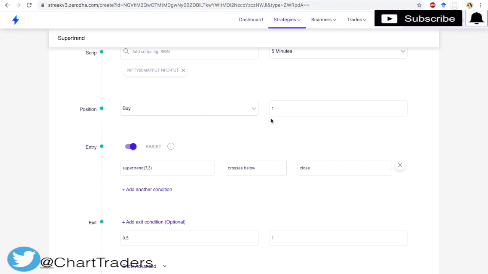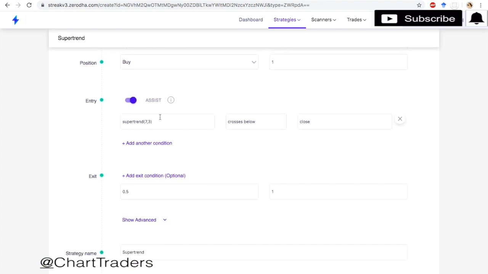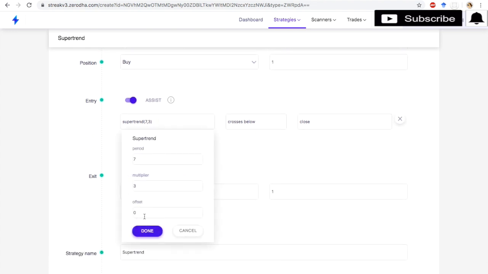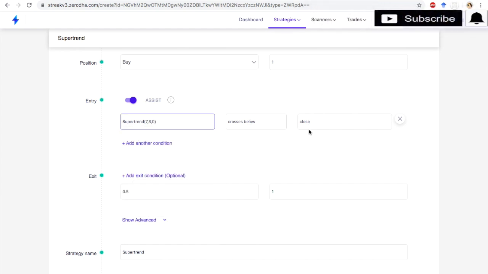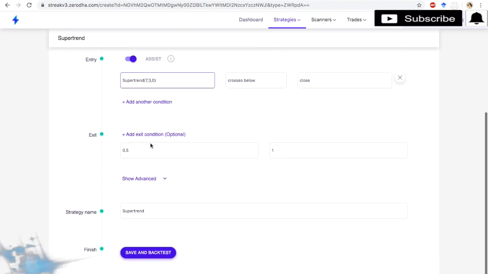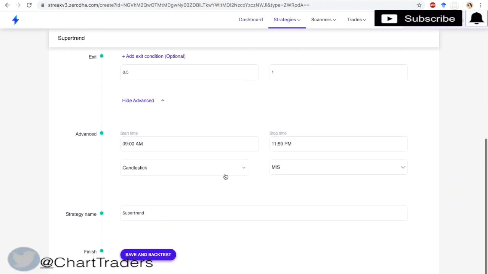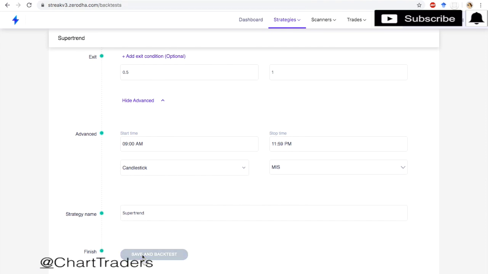I want to buy one lot. The default condition is Super Trend 7 and 3, that is period and multiplier. When the price crosses above the close, it is generating a green signal in Super Trend. Exit condition is 0.5, target is 1. Same way candlestick and MIS and starting time and ending time. Just give your name whatever you want. Save and backtest.